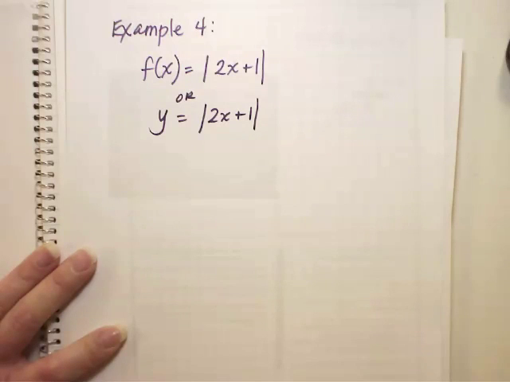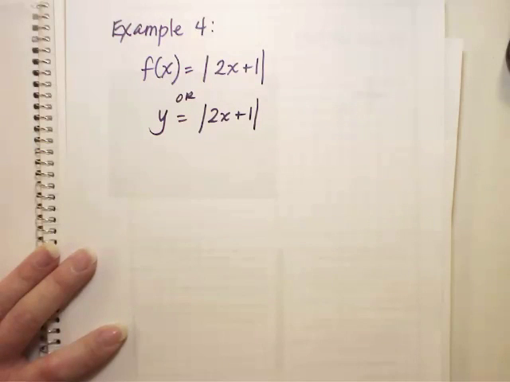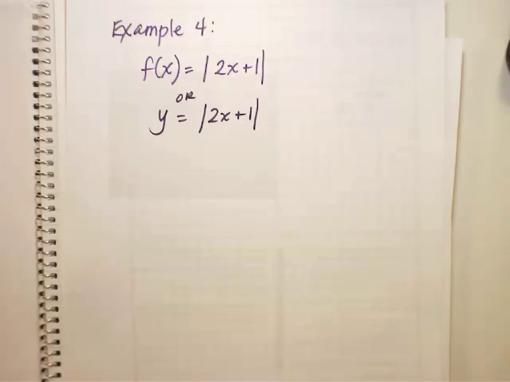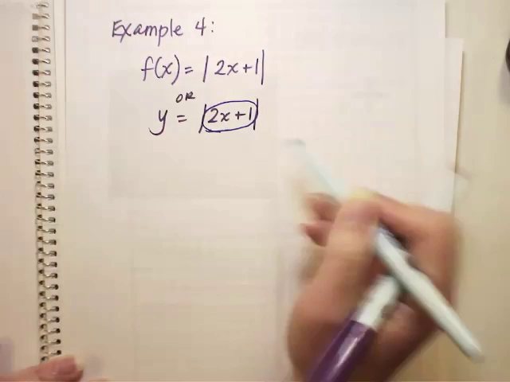When we look at this one, it looks like something you've seen before, right? Maybe without the absolute value bars, you remember y equals 2x plus 1 and graphing that in slope-intercept form. This is very similar to that. So what we're going to do is apply what we just learned, that anything that's inside the absolute value has two cases. There's a positive case and a negative case.